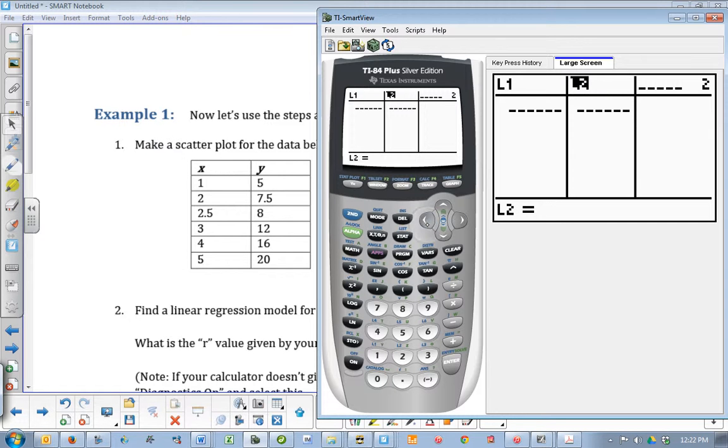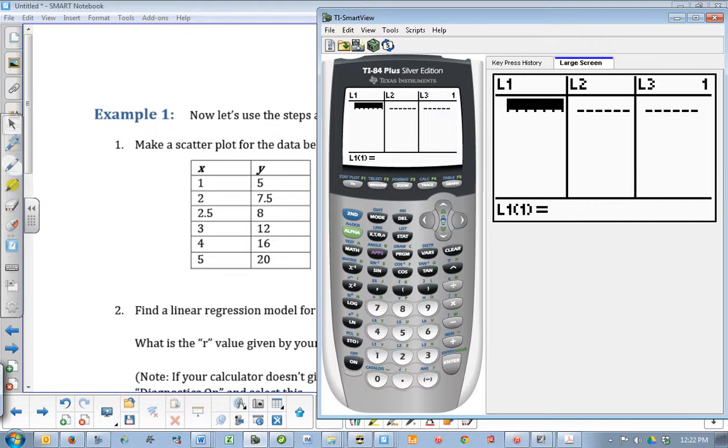If for some reason you don't, like it looks like I'm missing L3, above the 3 key is L3. So if you go up here and type L3, like I'm about to do here, then it'll work. Anyway, you should have L1 and L2.